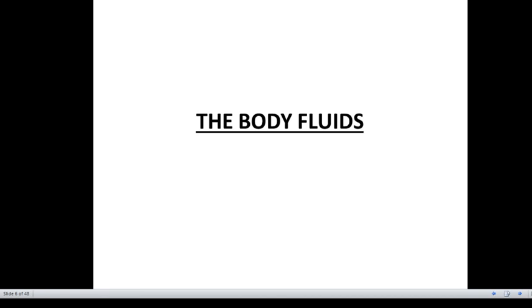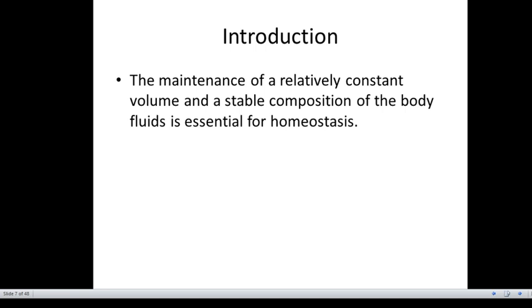Now let's start with the body fluids. The maintenance of a relatively constant volume and a stable composition of the body fluids is essential for homeostasis.